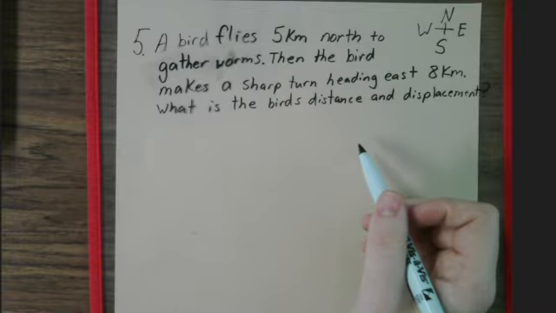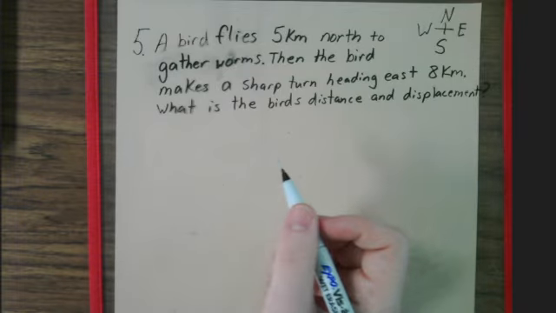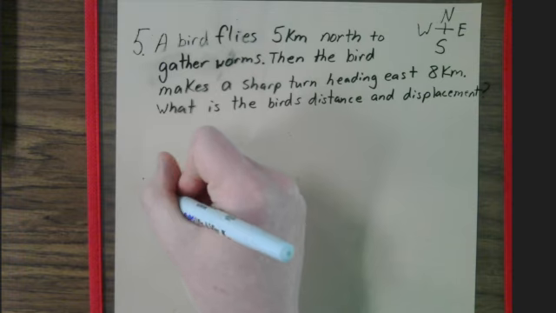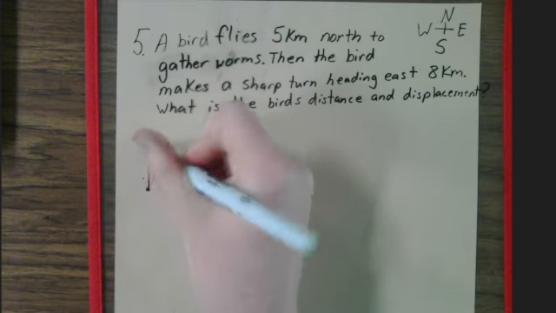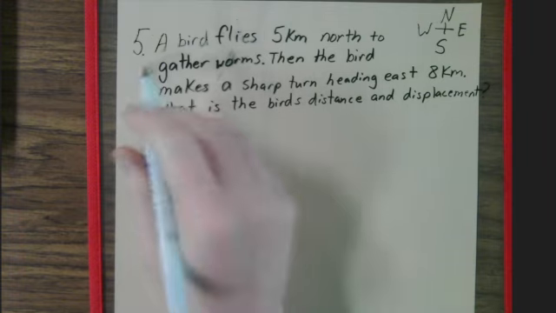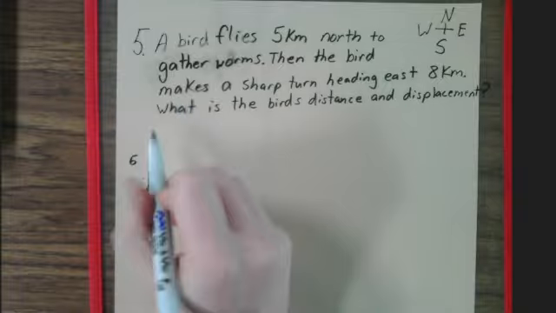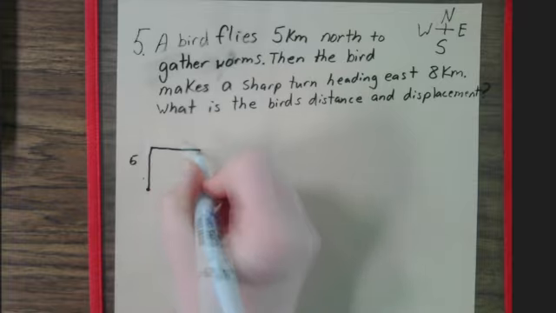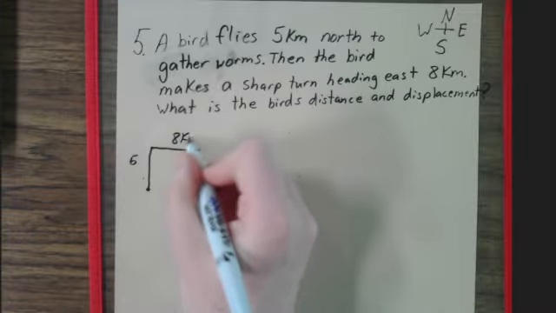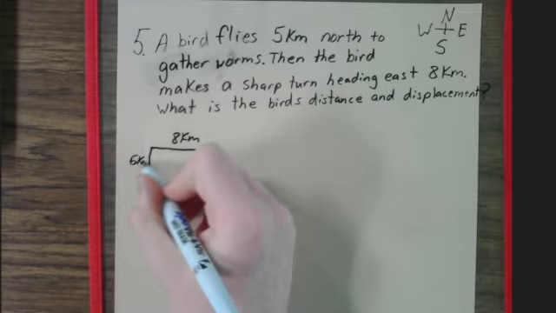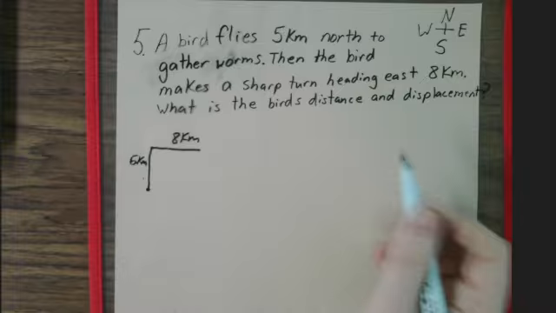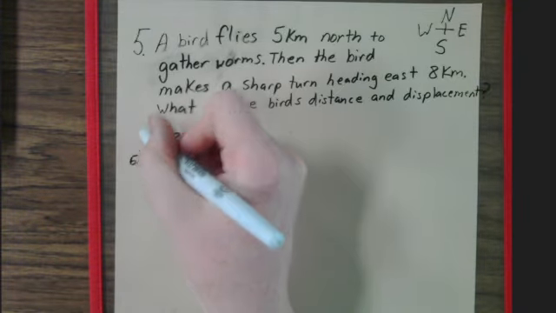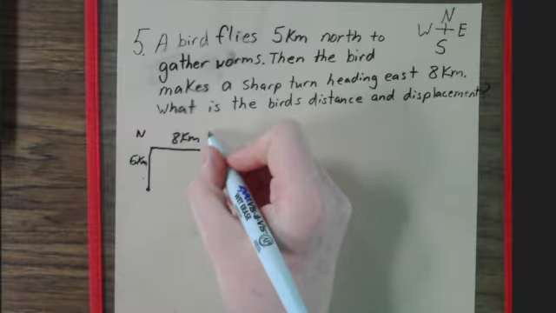Let's draw this first so that we can get a visual. 5 kilometers north, so let's start here and go up 5 kilometers, and then make a sharp turn heading east 8 kilometers. Now that we have our visual, this is north, this is east.